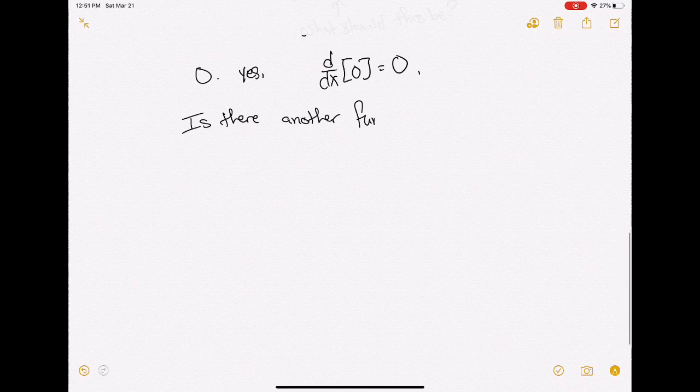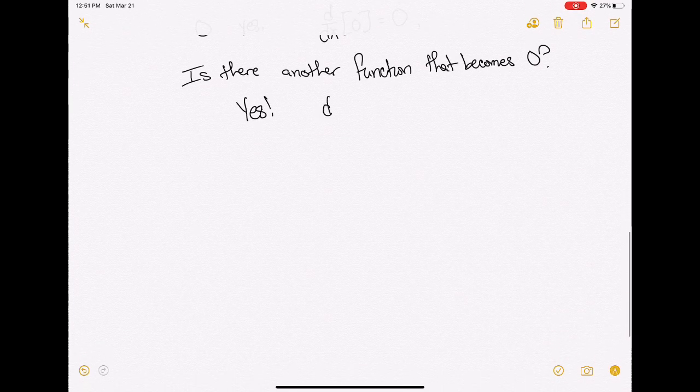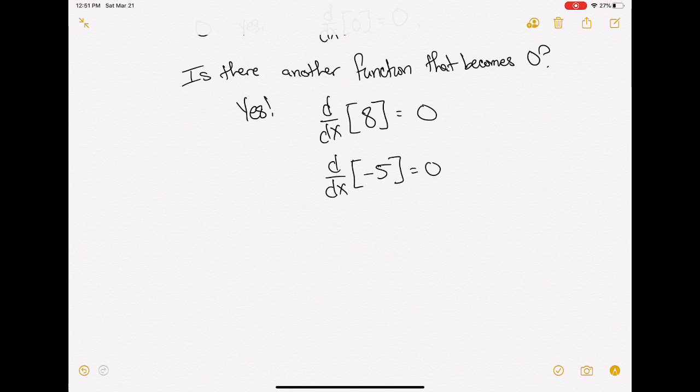Is there another function that becomes 0? Yes, I'm relatively certain some of you have come up with this. D dx, let's try 8. I think all of you would agree that 8 also becomes 0. D dx of -5 becomes 0.